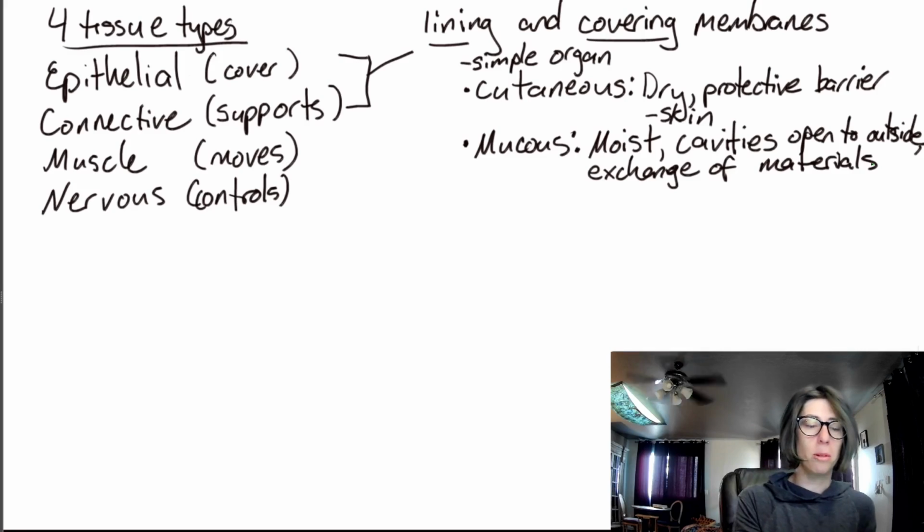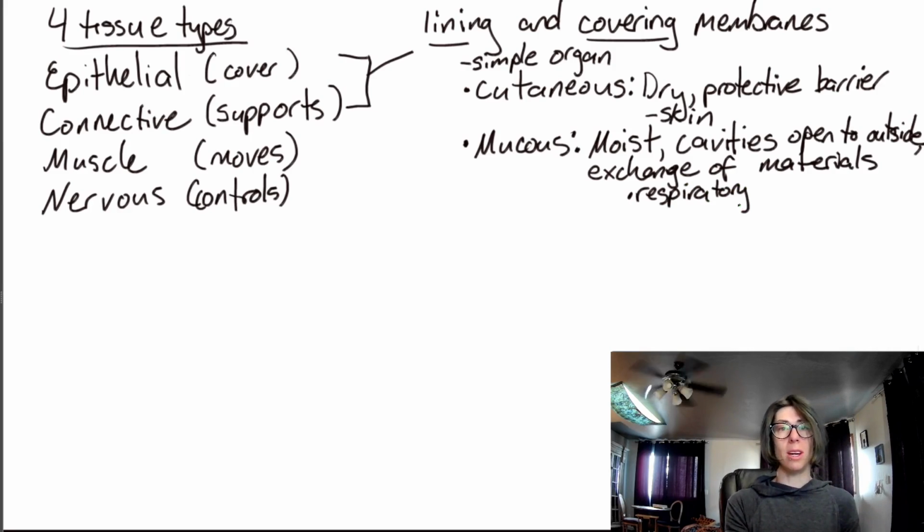So some examples of mucous membranes would be in the respiratory tract. If you think about your lungs, the air you breathe in from the outside goes into your lungs through all of this piping system, and then ends up in these alveoli, which are little grape-looking structures, and the membrane surrounding the alveoli is less than paper thin. It's thinner than a piece of paper.